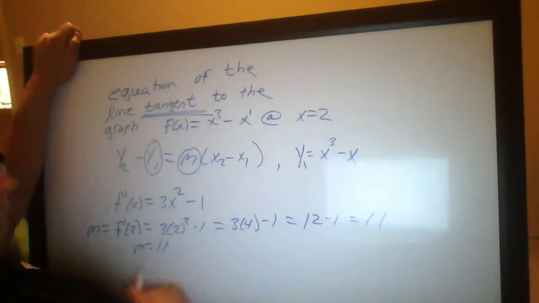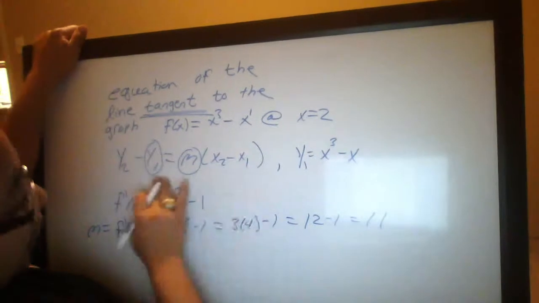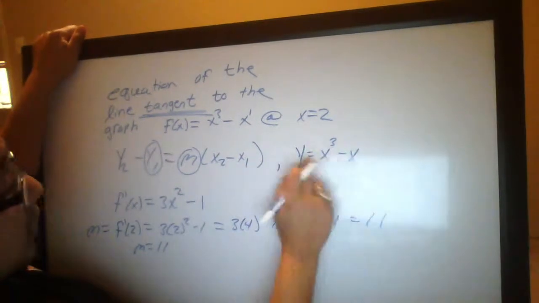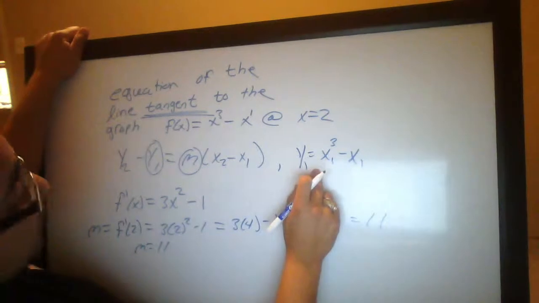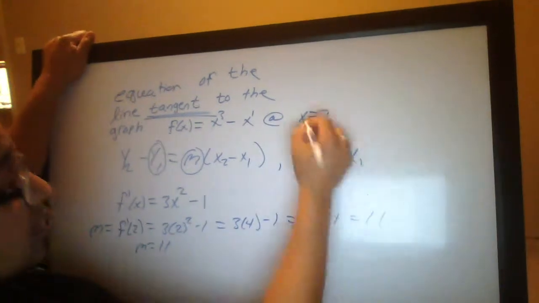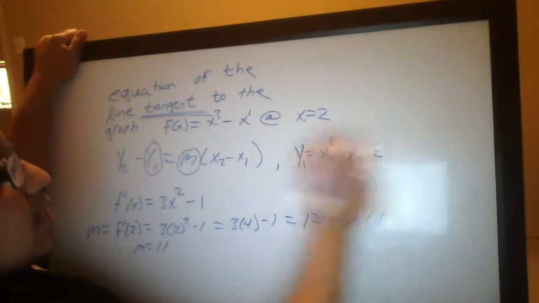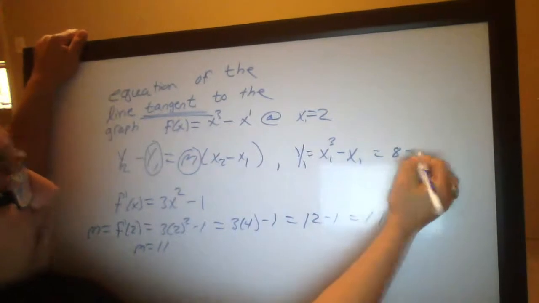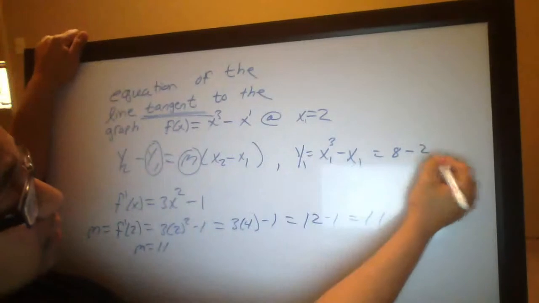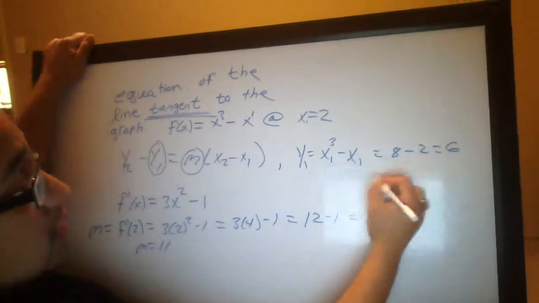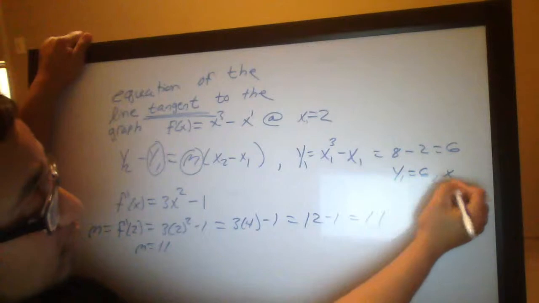So we don't know y1, we need to find it. We have x1, and x1 is 2. So this equals 2 times 2 cubed, which is 8, minus x1, which is 2. This equals 6. So y1 equals 6 with x1 equal to 2.